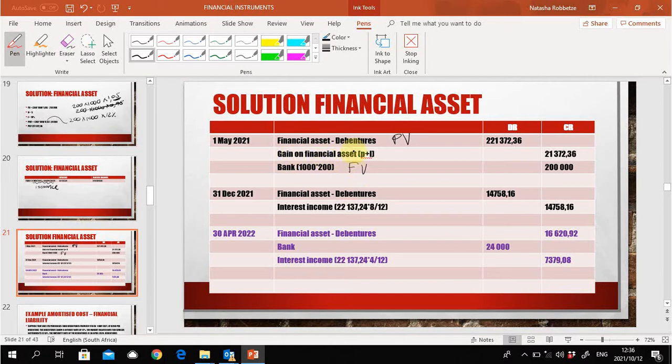Then the gain on financial asset exists because we have a situation where there's a premium in future. So the premium or the discount is valued in the journal separately. If it had been a discount, it would be on the debit side. Because it's a premium, we're going to score 5% in the future, and that makes it a credit, and you're going to book it to gain on financial asset, and that is a profit and loss item, and it's basically your balancing figure there.